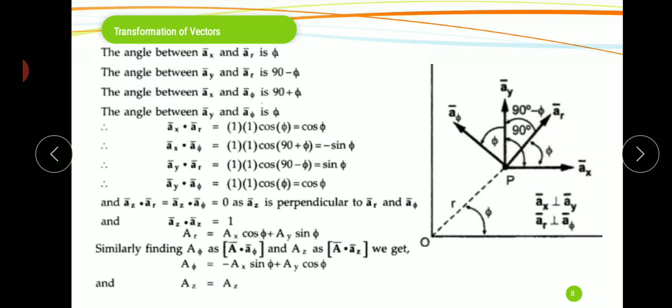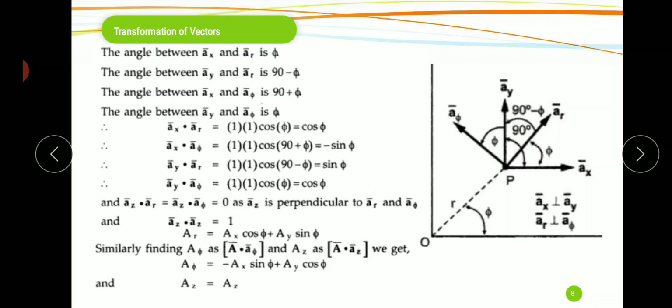And next, the angle between AX and A phi is 90 plus phi. And next, the angle between AY bar and A phi bar is phi.